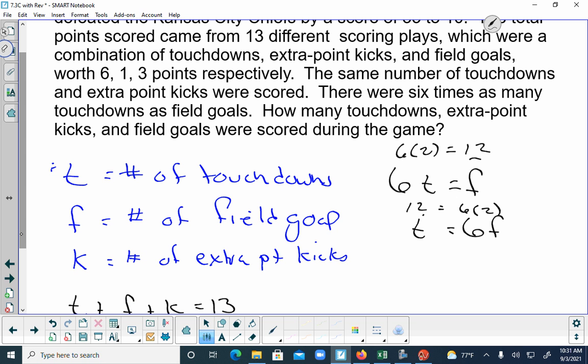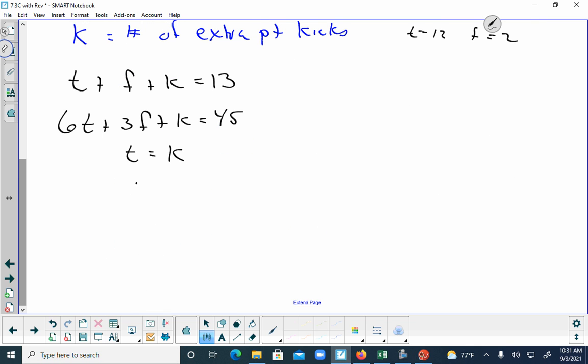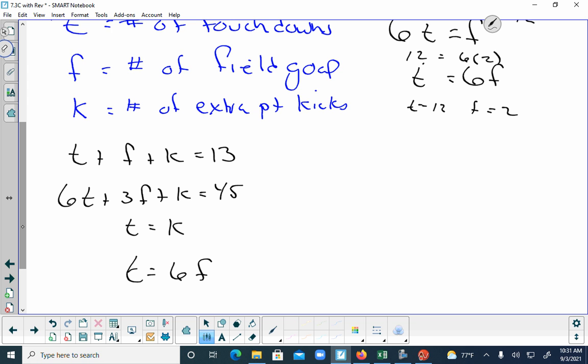In this case, T is equal to 2, F is equal to 12; T is equal to 12, F is equal to 2. So now I have 4 equations. I have 3 unknowns. I only have to use 3 of those equations, so I get to cross one out.